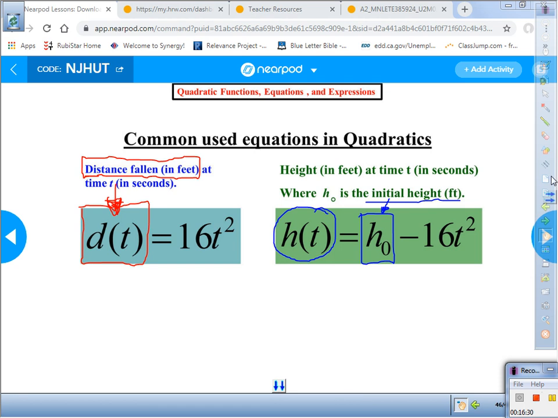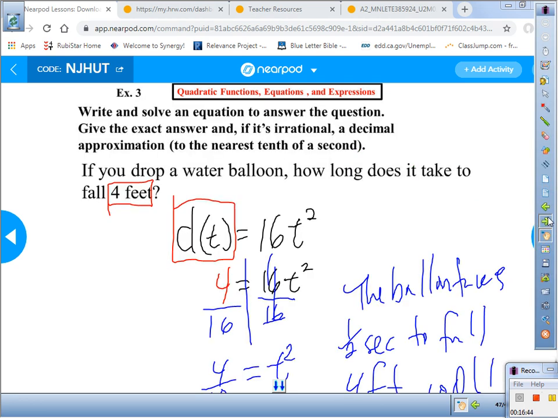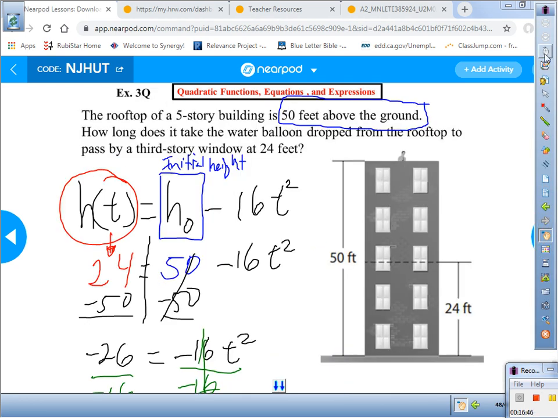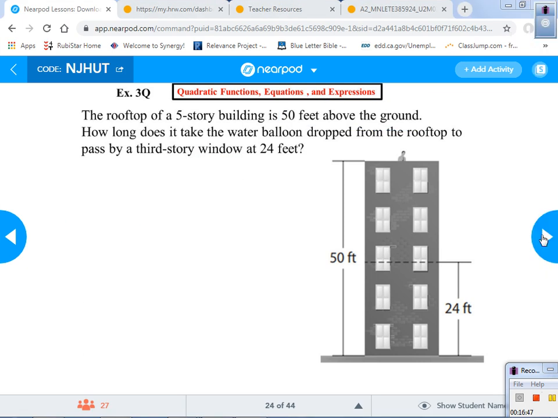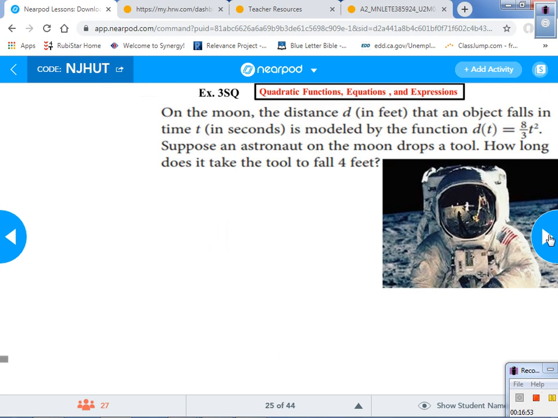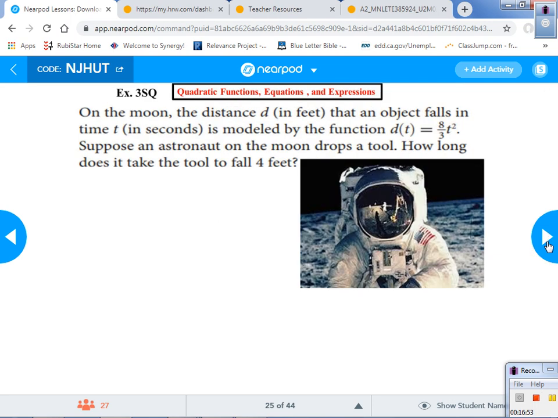So, with that said, let me show you a third type of word problem that you're going to encounter that is very similar to the previous, but it's a little bit different. Don't copy this, just pay attention. It says, on the moon, the distance in feet that an object falls in t seconds is modeled by the function d(t) equals 8/3 t squared.